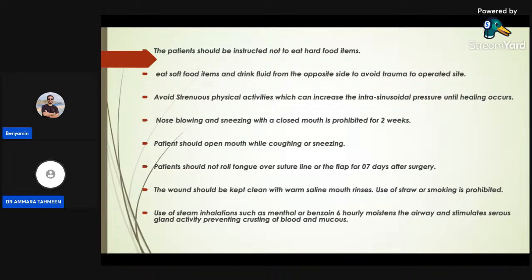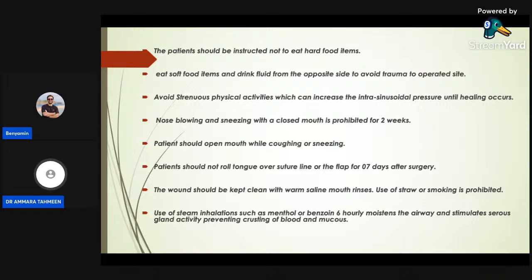It increases the pressure in the mouth, which may create a suction effect, and it might open up your sutures and pull your flap out from the defect, which may lead to failure of the treatment. So the 2 weeks are crucial for the healing of these flaps for the oroantral communication defects. The patient should open the mouth while coughing or sneezing, and should be ensured that he does not close his mouth while coughing or sneezing.